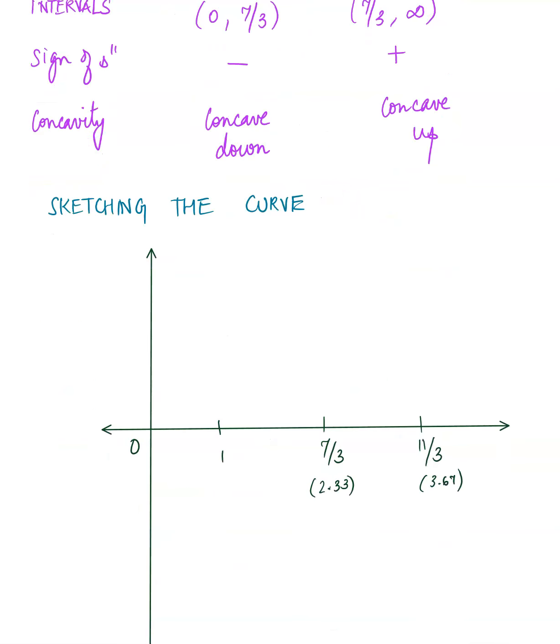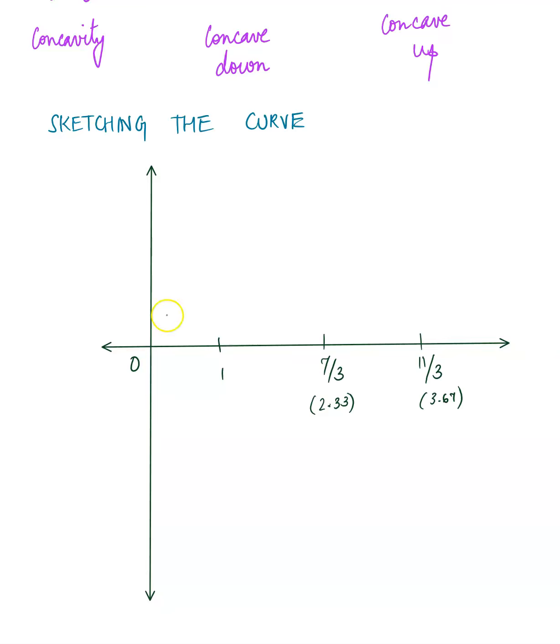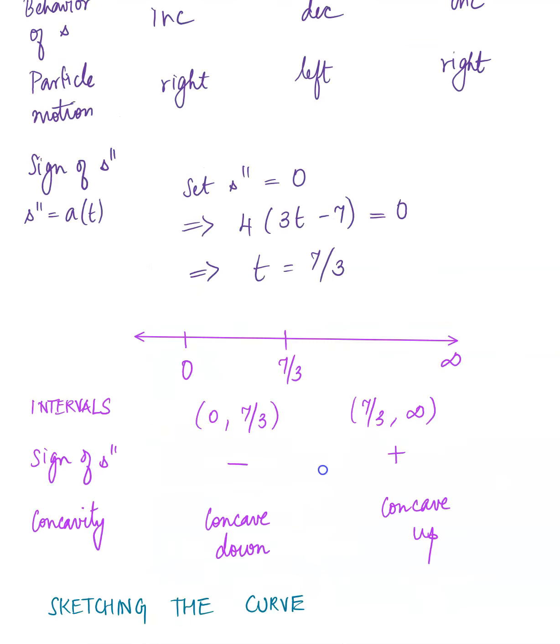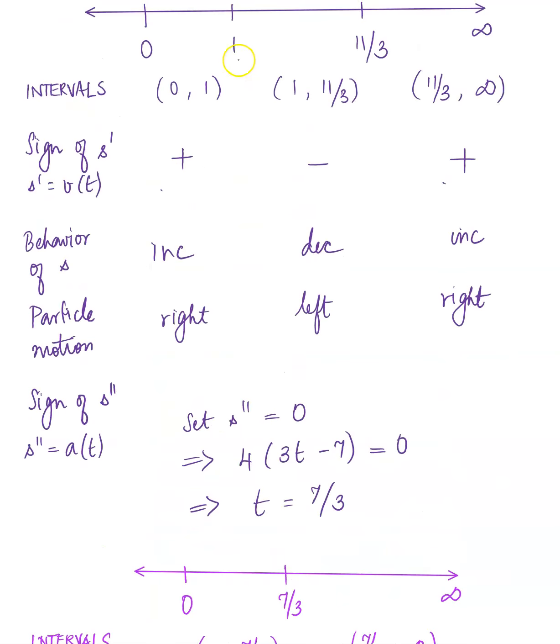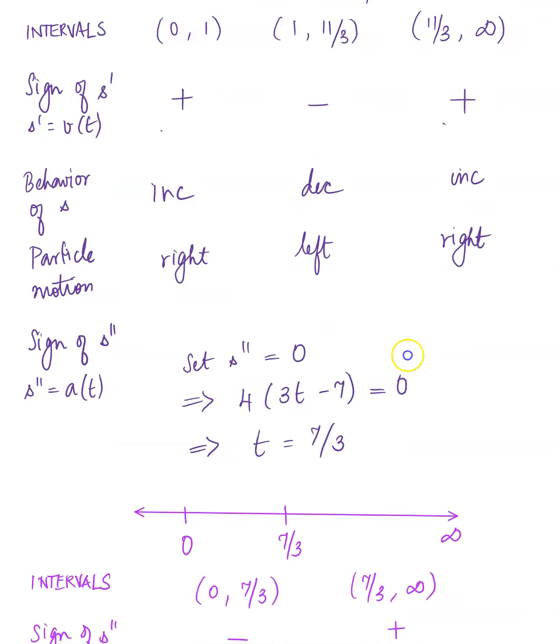I'm going to erase this right after I write this, otherwise it'll get cluttered. In this interval, it's concave down. But in this split here, 0 to 1, it's increasing. And let's come back here. And 1 to 11 over 3, it's decreasing.